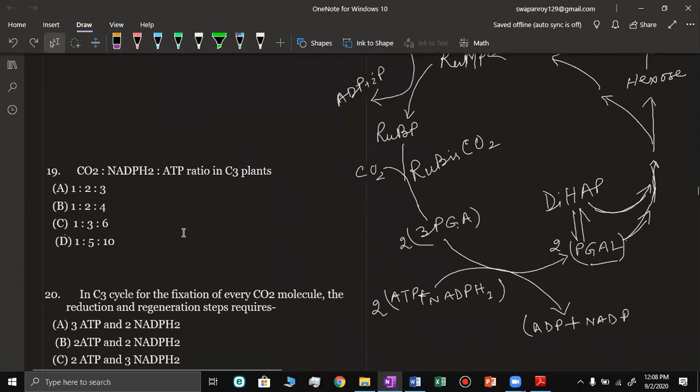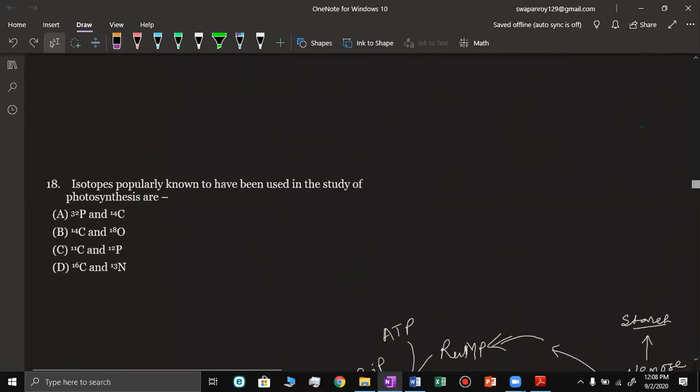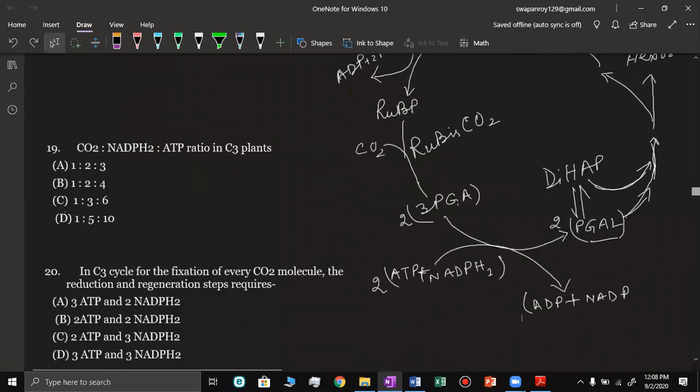Here is one question: what is the ratio of carbon dioxide to NADPH2 to ATP in C3 plants? Different ratios have been given.